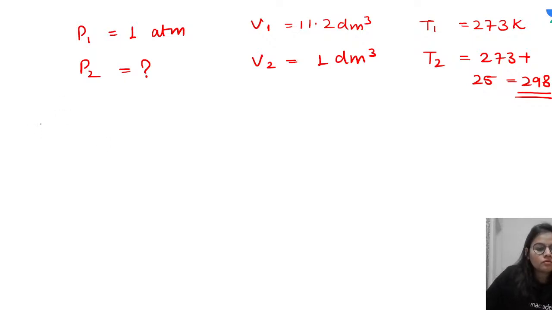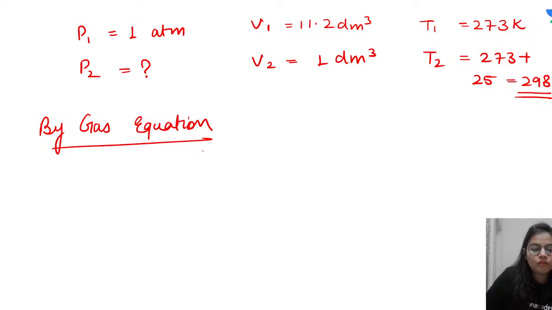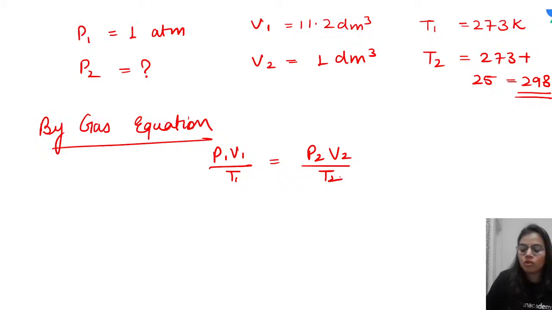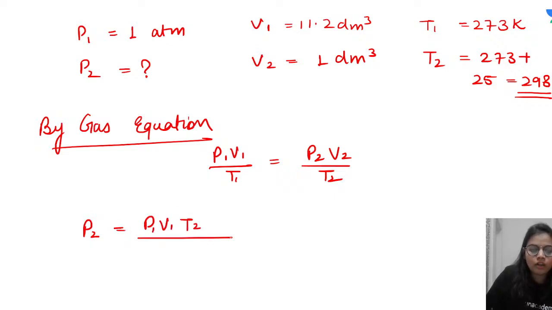We have P1 V1 upon T1 is equal to P2 V2 upon T2. Now, what is the thing that is not given to us? P2. If I transfer, P2 will be equal to P1 V1 into T2 upon T1 into V2.